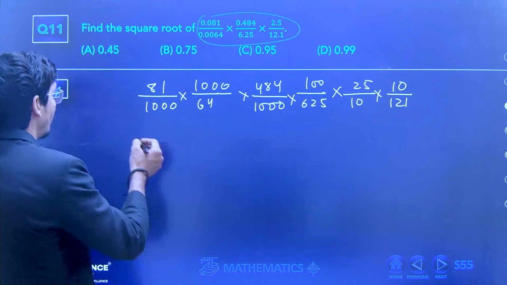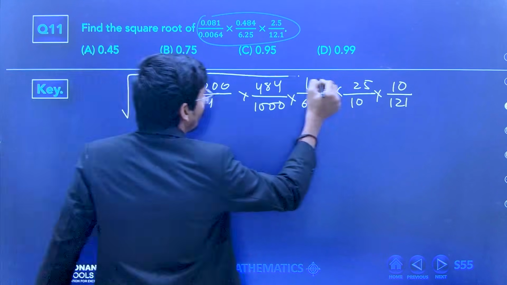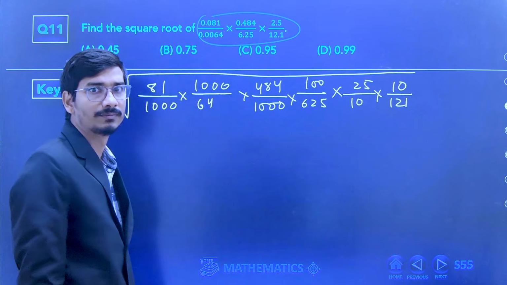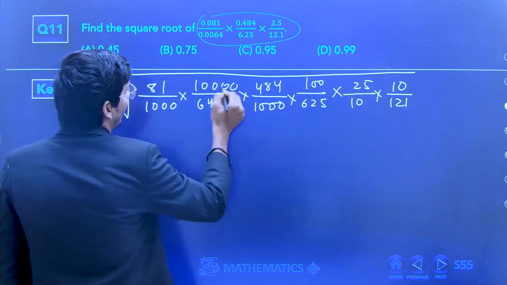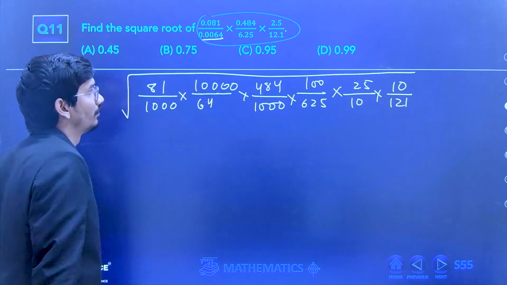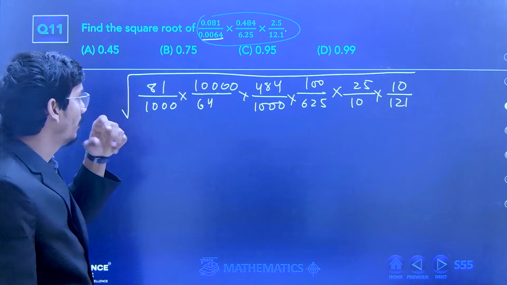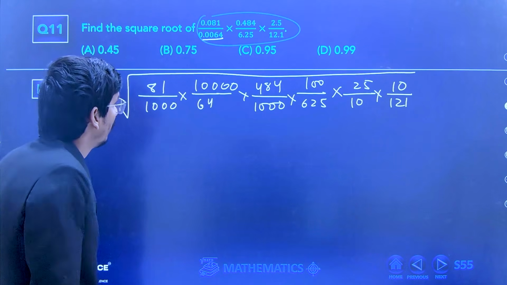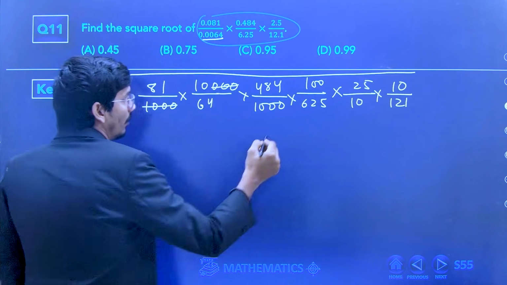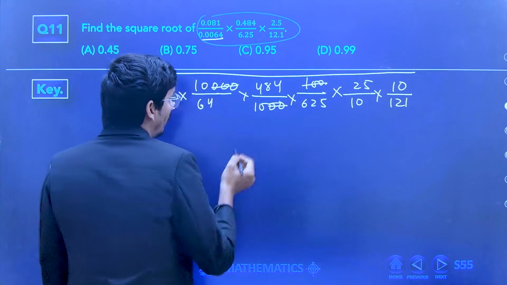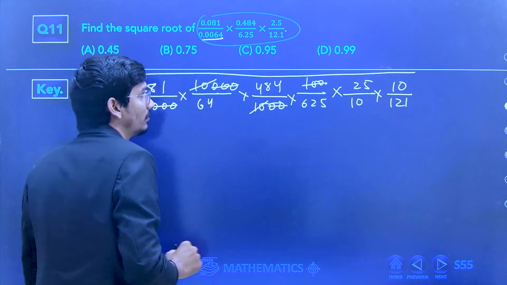And they are telling us to find the square root of the quantity. Square root of the quantity means the square root of this quantity. Now try to cancel, beta. Here 4 zeros because this is 40. Now 1000 and 30 cancel, 100 and 20 cancel, 10 cancels from this one.